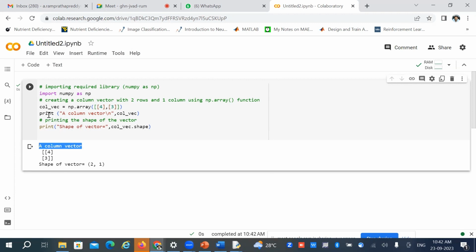I have displayed this statement using print, column vector and the vector name. It displays the vector name. So the first element is 4, the second element is 3. The first row has the first element, and the second row has the second element. If you want to remove these, you can remove.